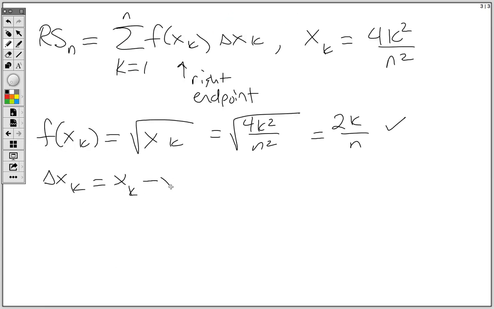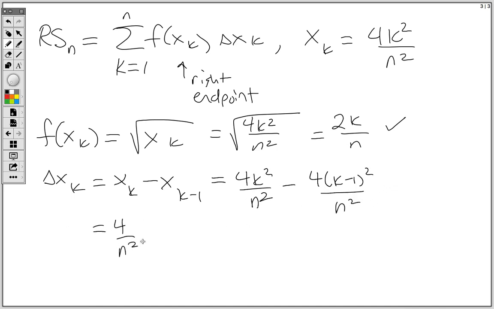Well, that's x_k minus x sub k minus 1. And so x sub k is 4k squared over n squared. x sub k minus 1 is the same thing, except instead of k, I've got k minus 1. So I'm going to factor out the 4 over n squared, and I'm going to be left with k squared minus (k minus 1) squared. And now I need to go through and do the algebra on that.